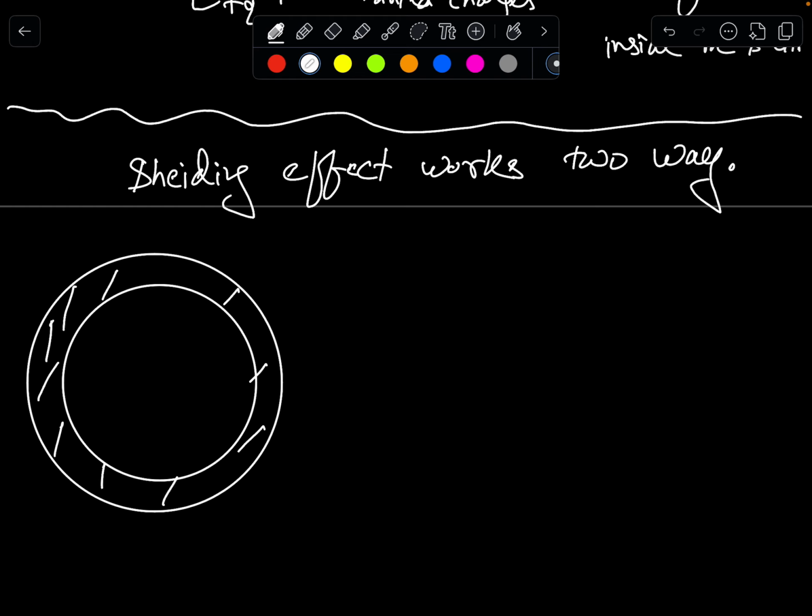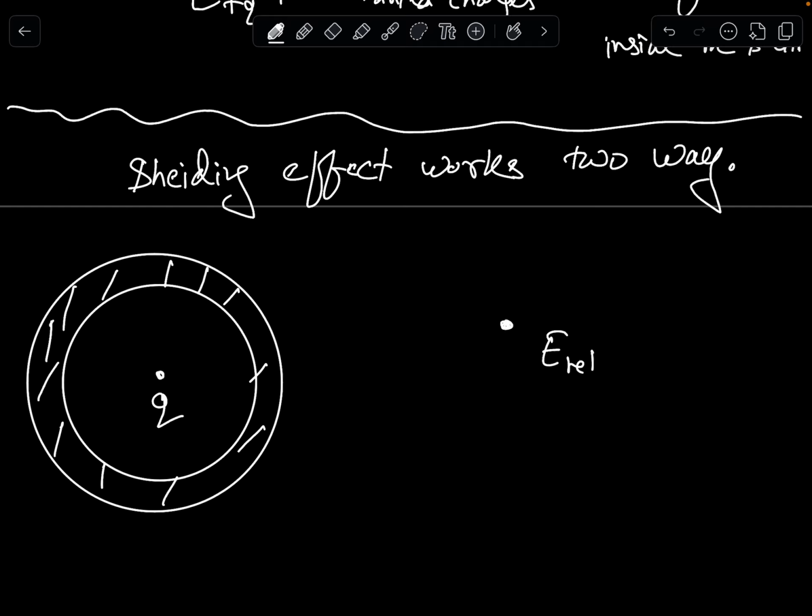Now if I keep a charge Q here, then this charge which is kept inside, its effect on the outside, here the net electric field E net will also be equal to 0.